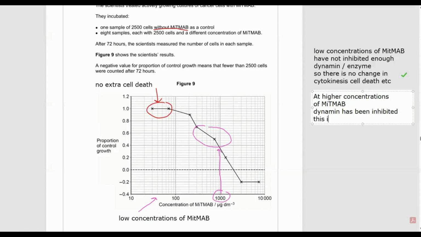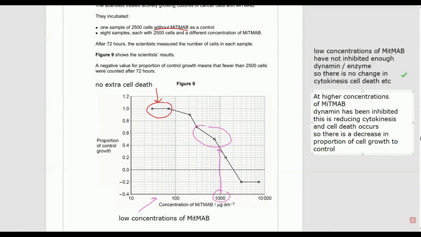Of course, that's permanent inhibition when you're blocking allosteric sites and changing the three-dimensional shape of the active site. So this is reducing the amount of cytokinesis and allowing cell death to occur. And so we have a decrease in the proportion of cell growth when compared to the control. Okay, that's our second mark.